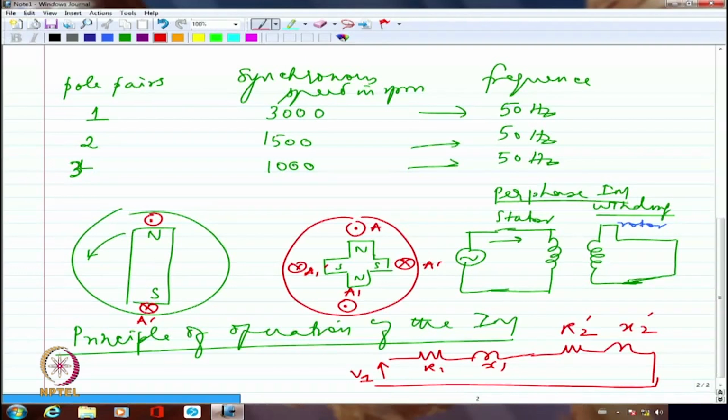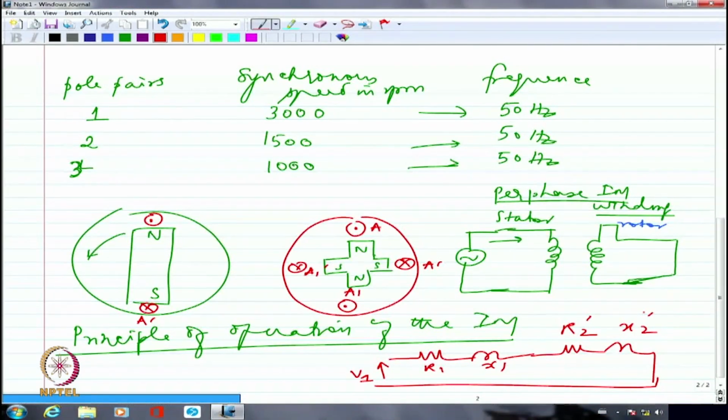If I had done the same short circuiting in a transformer, it would be 20 to 25 times the full load current, whereas in an induction motor it is about 6 to 8 times, which is still tolerable, not too bad.